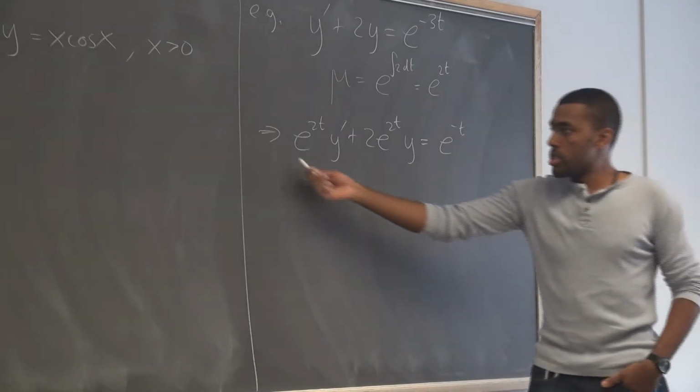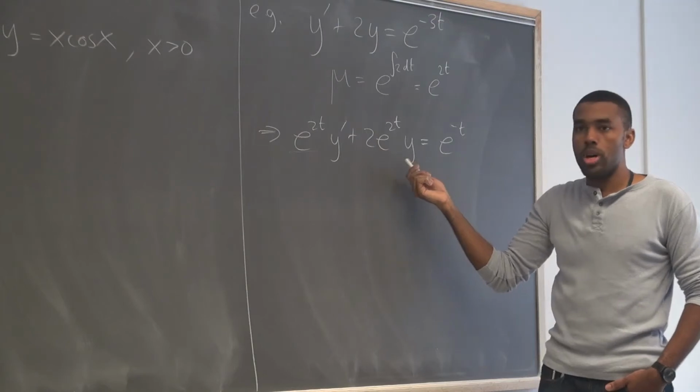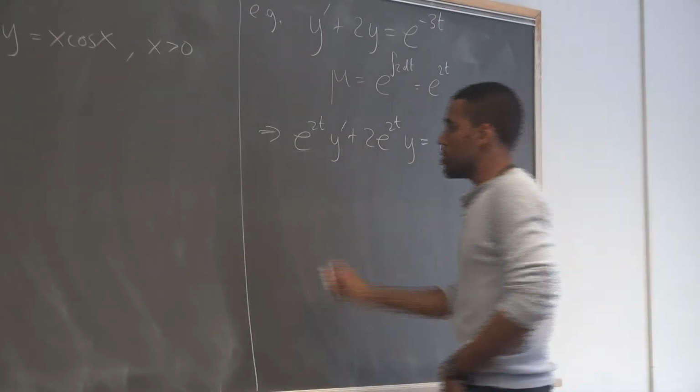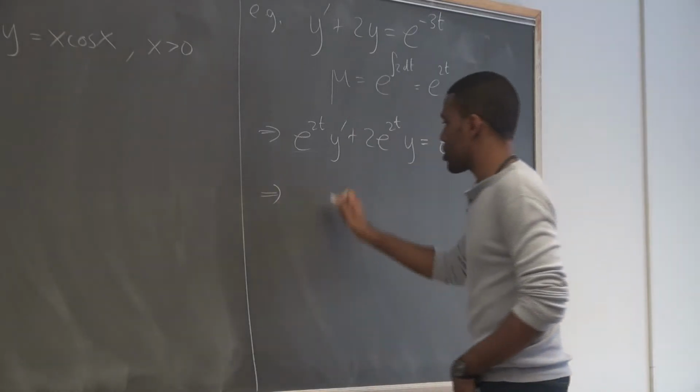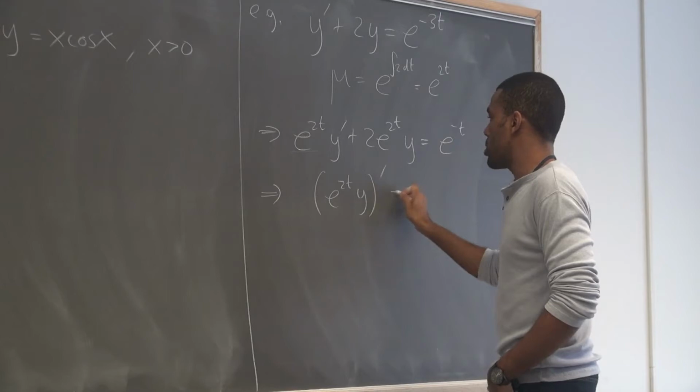What you'll notice is this is a function times y prime plus the derivative of that function times y. This guy ends up being the derivative of that, which means that this left side is just the product rule. This is just e to the 2t times y, all differentiated.